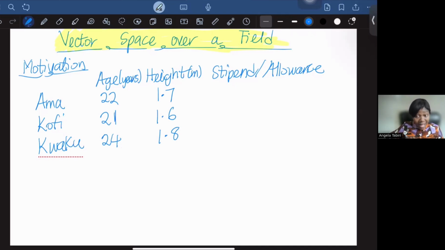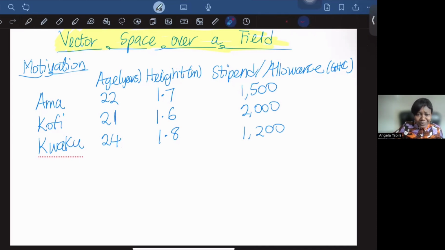So I checked with Ama, and because we are in Ghana, we earn in cedis. So Ama says she earns 1,500 cedis per month, Kofi 2,000 cedis, and Kweku 1,200 cedis. So I collected this data.